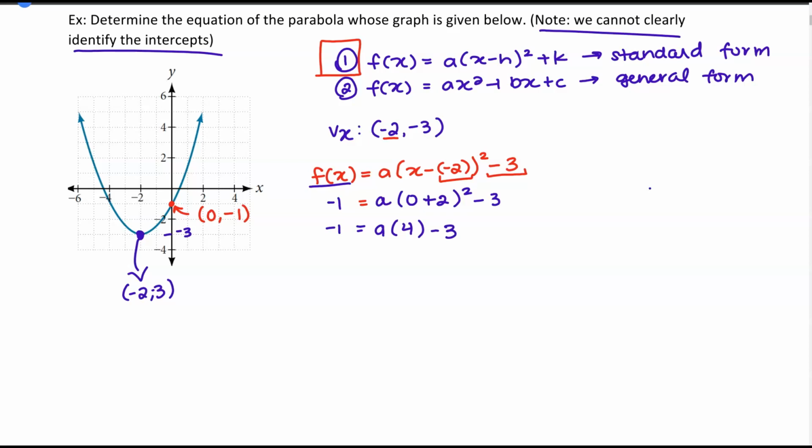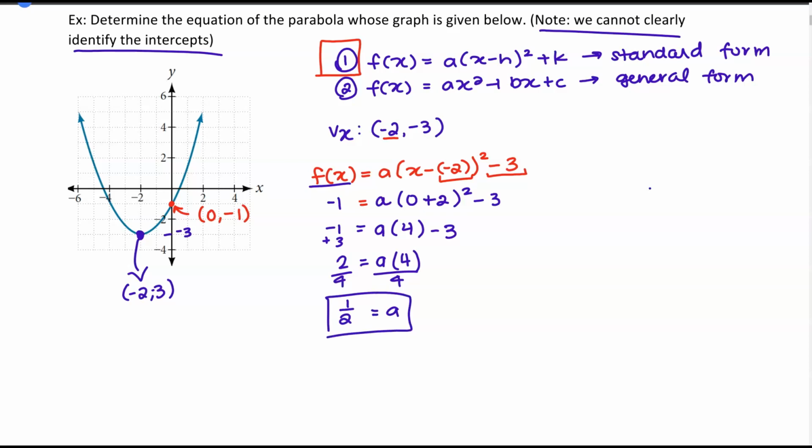Let's go ahead and add 3 to both sides. So we end up with a times 4 is equal to 2. So now we want to divide both sides by 4. And we see that a is equal to 1/2.